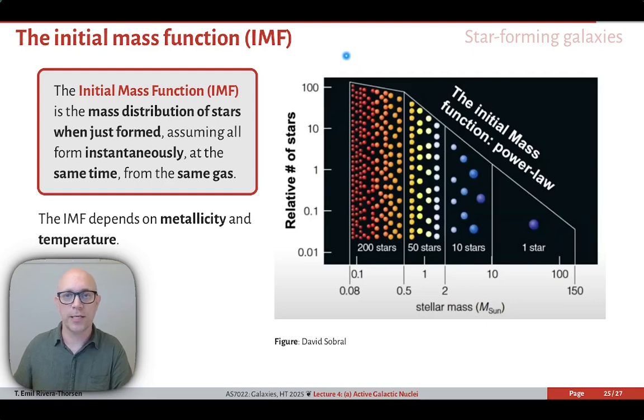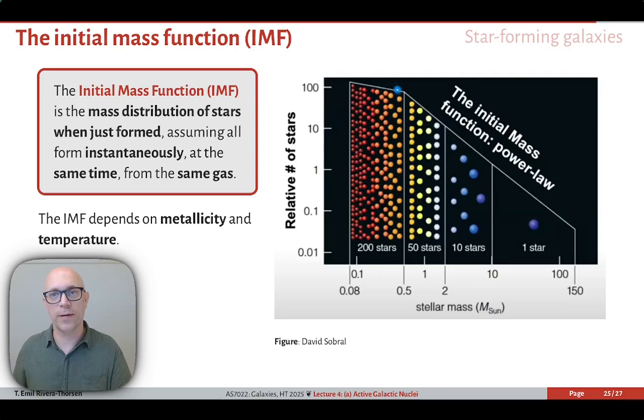And you can say that for every one star we have which is between 10 and 100 solar masses, we have 200 stars which are less than half a solar mass, about 50 stars which are between half a solar mass and 2 solar masses, and about 10 stars which are between 2 and 10 solar masses.